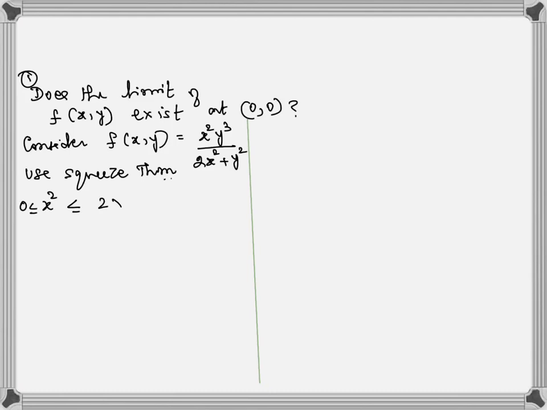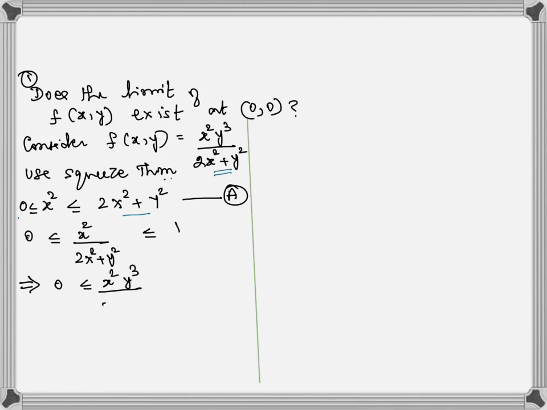So 0 is less than or equal to x squared, less than or equal to 2x squared plus y squared. In order to use the squeeze theorem, we have to actually look at the function. We have to connect a part of the numerator with the denominator and come up with an inequality, because we need a three-sided inequality to use the squeeze theorem. That's the idea here. So if we divide throughout by 2x squared plus y squared, then you get 0 less than or equal to x squared divided by 2x squared plus y squared, less than or equal to 1.